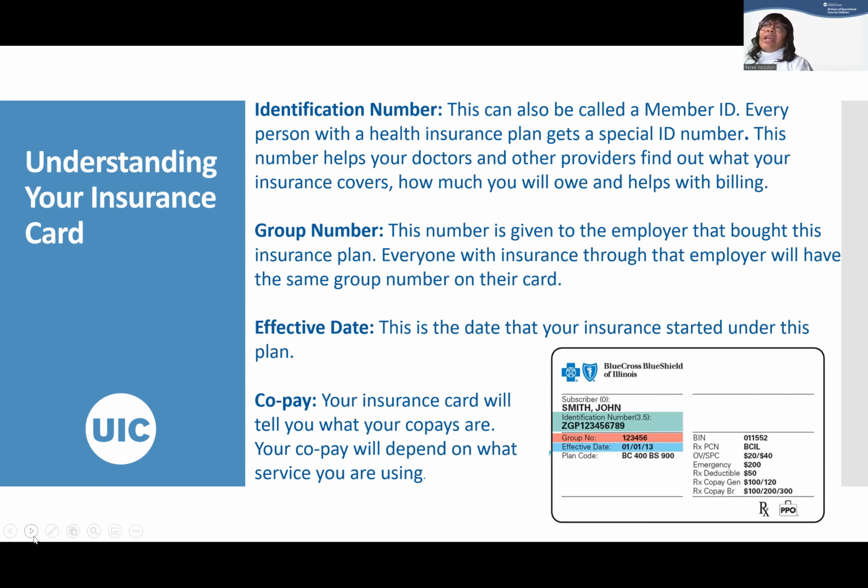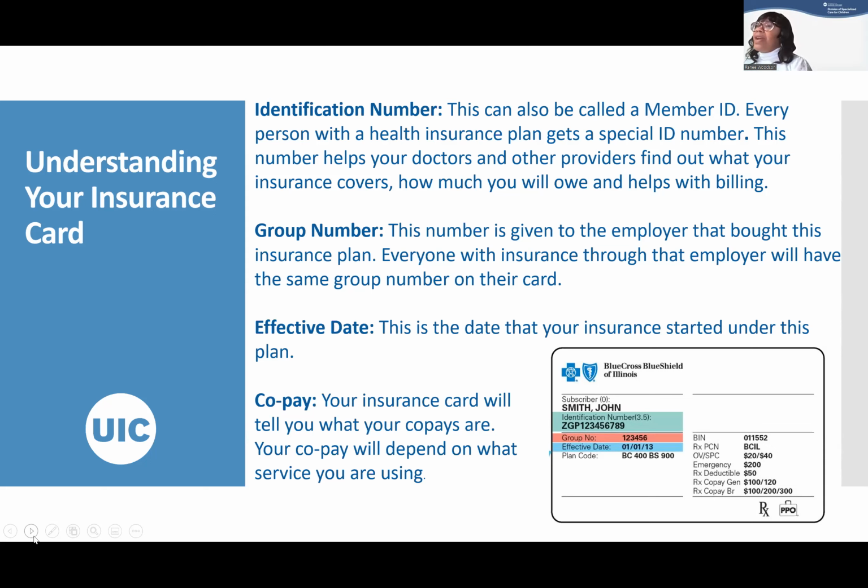If it's through your job, then you'll have a group number. Your group number is the number that's given to your employer who bought the insurance plan. Everyone with insurance through that employer will have the same group number on their card.